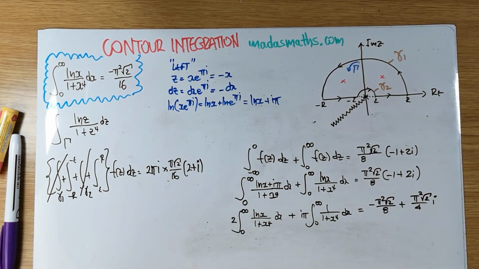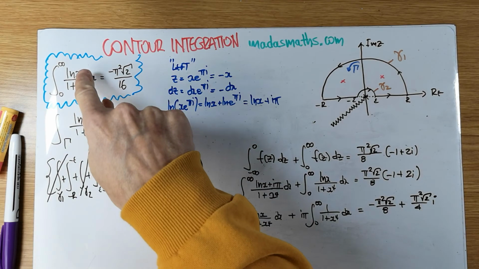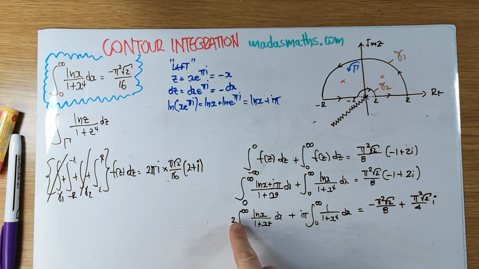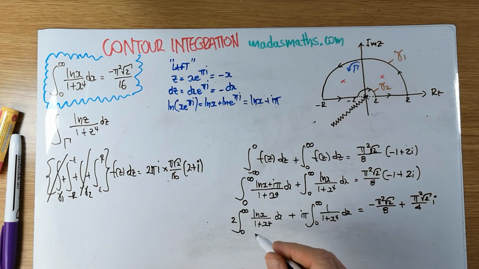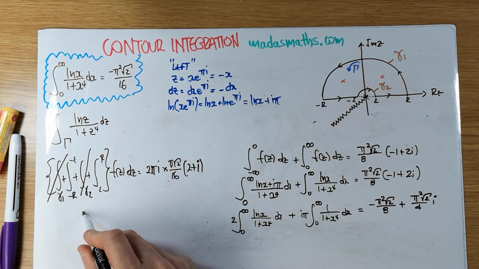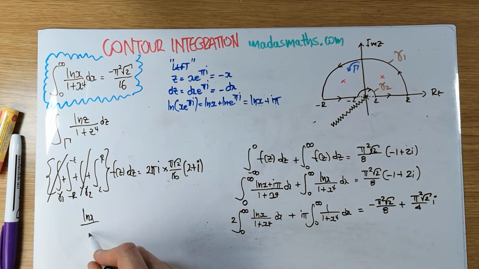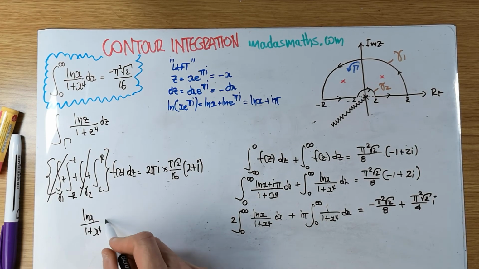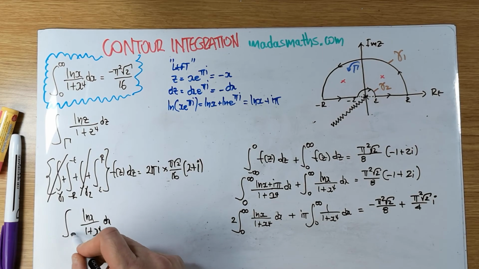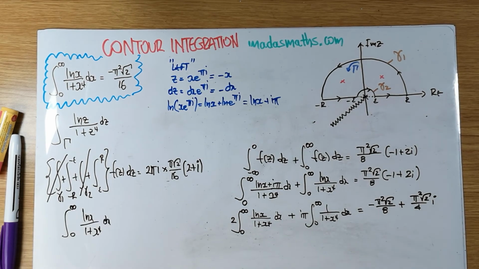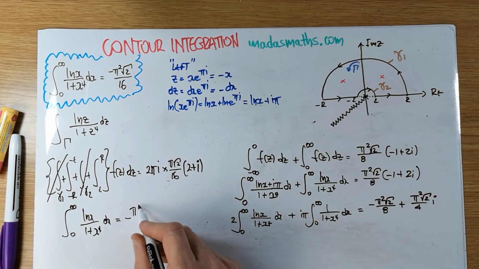So if we look now at what happens, we're trying to find our integral, which we got two lots, that's the real part. And of course, our integral here, the log of x over 1 plus x to the 4 dx, 0 to infinity, is in fact equal to the half, which is minus pi squared root 2 over 16.